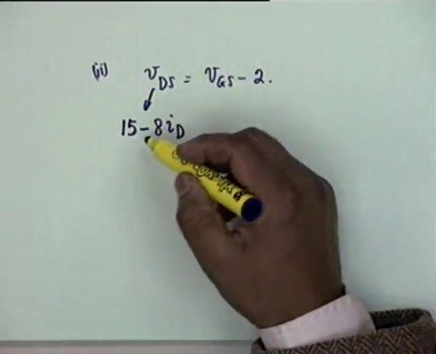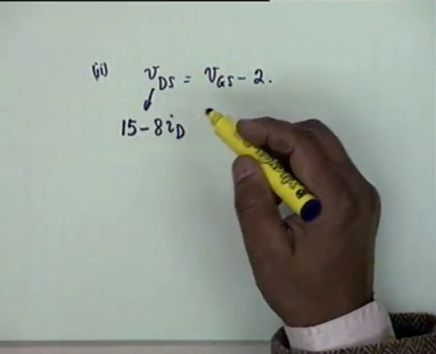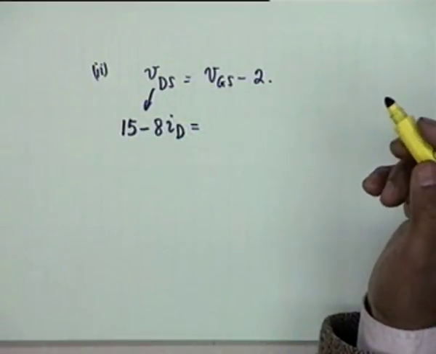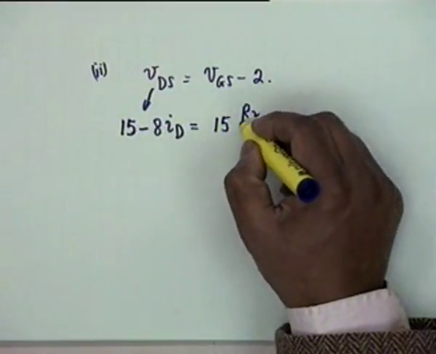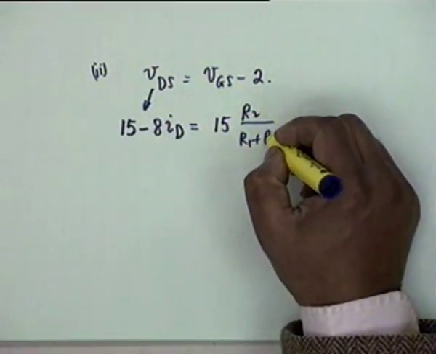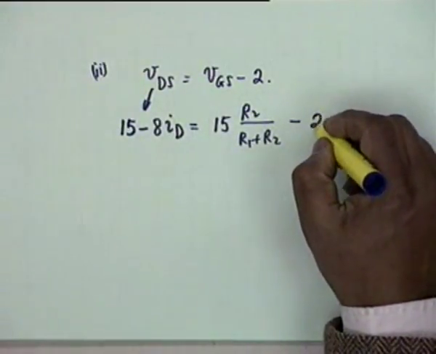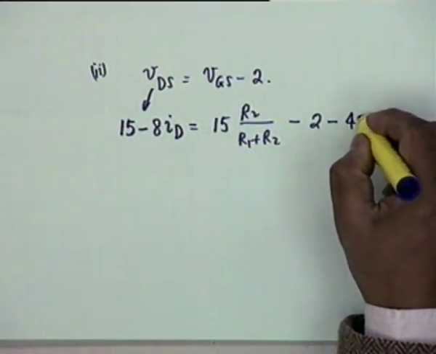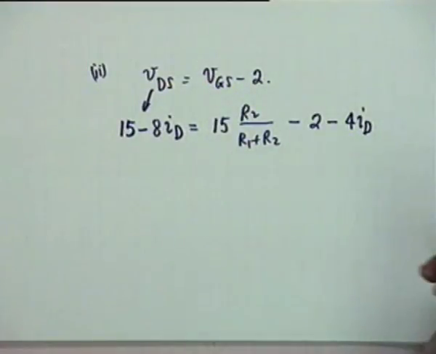VDS is equal to 15 volt, VDD minus 4K, and the current is ID. This should be equal to, what is VGS now? 15 R2 by R1 plus R2 minus 2 minus 4ID. That's right.